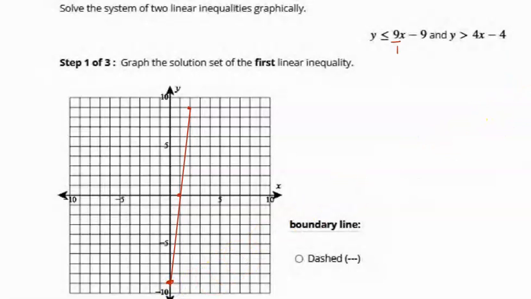Okay, now the next one, as we choose our line, and I'll use black for this. Well, before we do that, this is y is less than. So where are we going to shade? Actually, the under of this line, if you pivot it, the under is this way. So we're going to shade this way here.